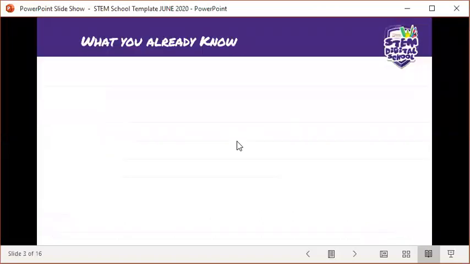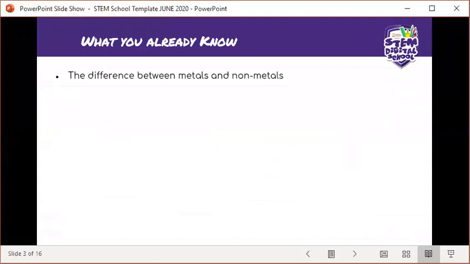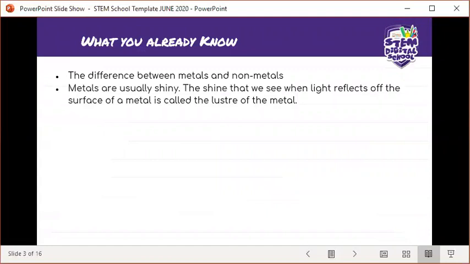Okay, so guys, this is things that you have already covered and what you already know. So firstly, it is the difference between metals and non-metals, okay? And we know that metals are usually shiny. They shine, so we see the light reflect off the surface of a metal, and this is called luster, right?